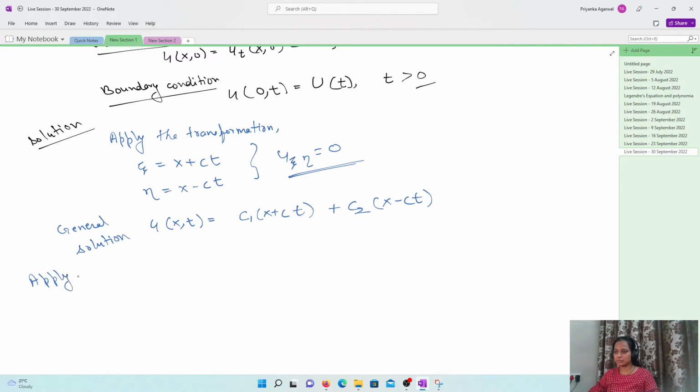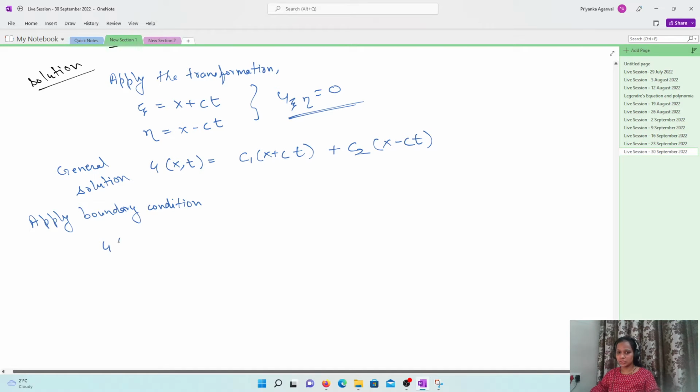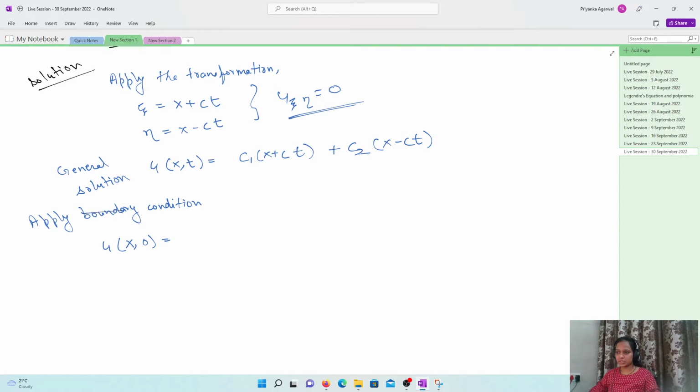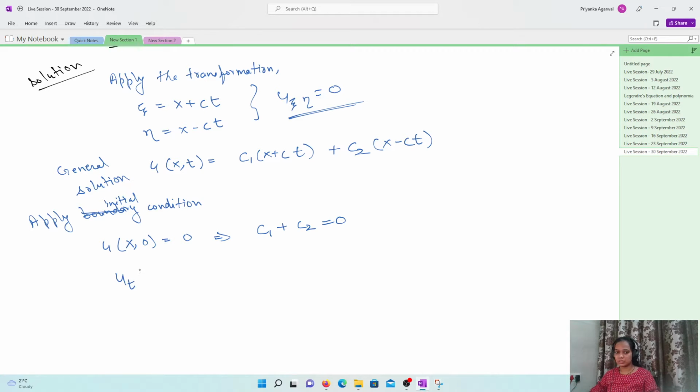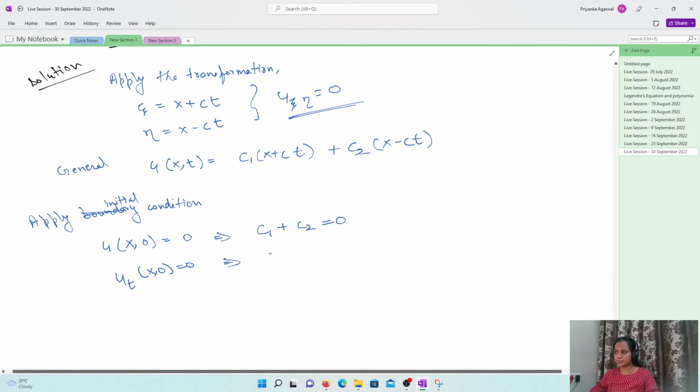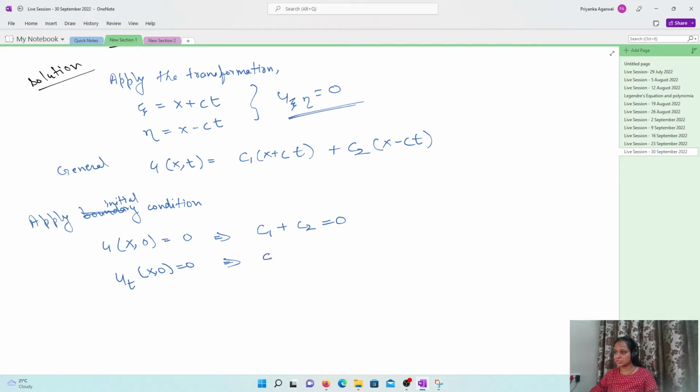Now let's apply initial condition. u(x,0) is 0, which implies that c1 plus c2 equals 0, and we have ut(x,0) equals 0, which implies that, differentiating with respect to time, we will have c outside and then c1 prime plus, minus c outside and then c2 prime equals 0.